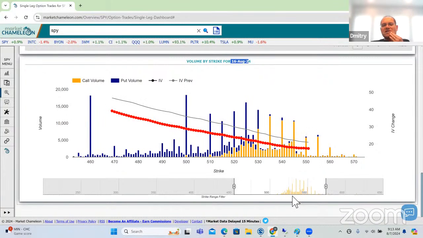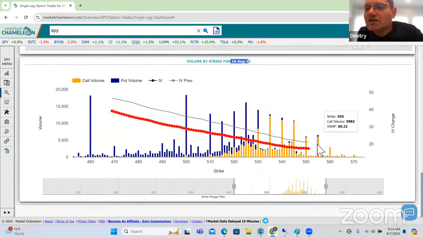Just visually, we can see that there's trading volume happening on many of these strikes. These bars show you the trading volume on these particular strikes. On the August 16th expiration, I could hover over this and I see the 555 strike.